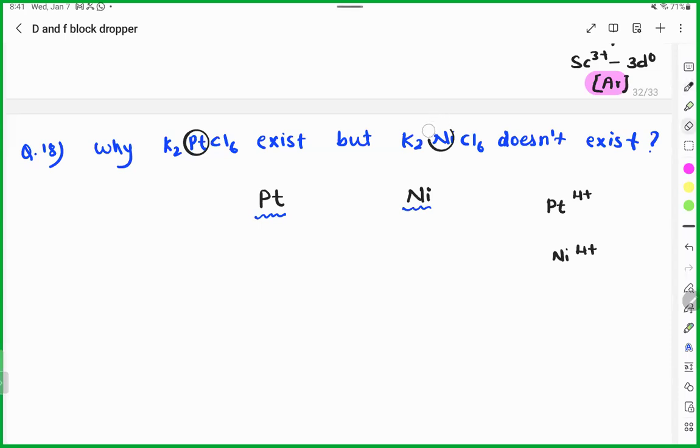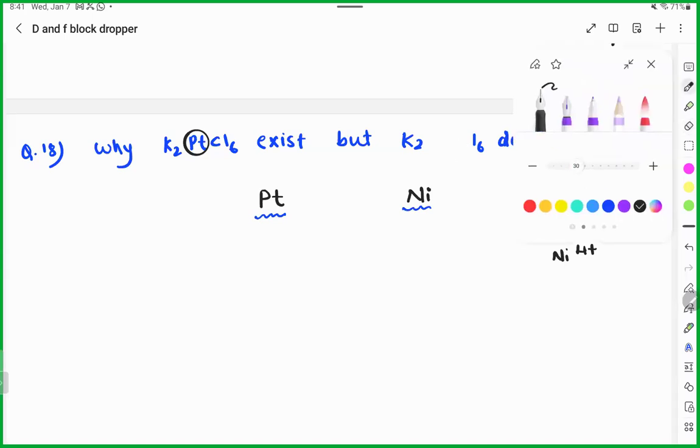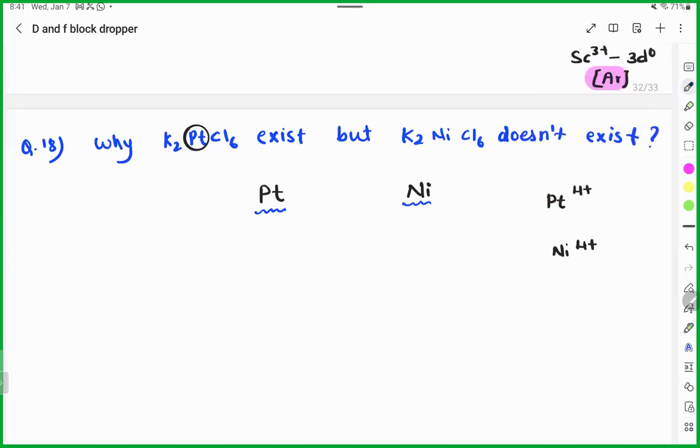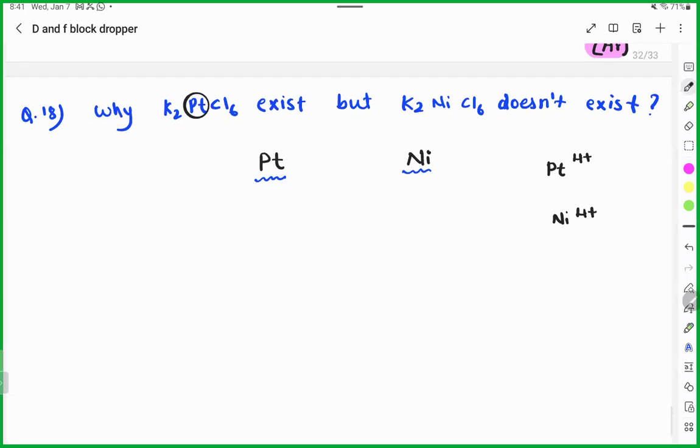And that's what we want to know. Why does nickel not show +4 oxidation state, but platinum can? That is the meaning. So for every element, you should know.